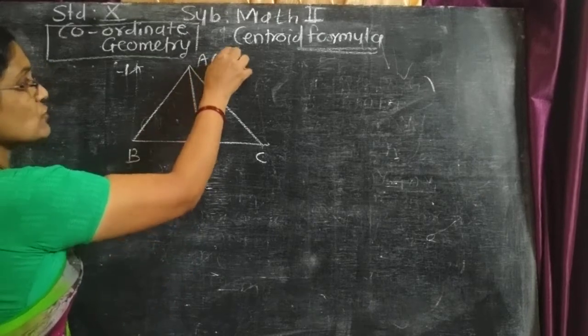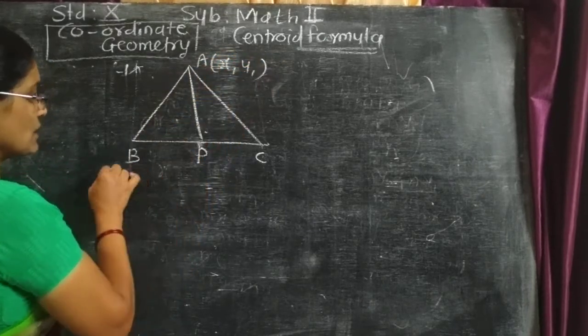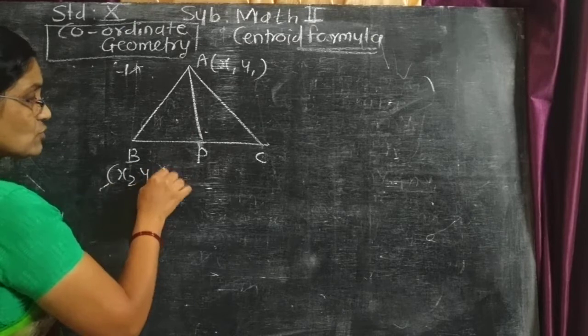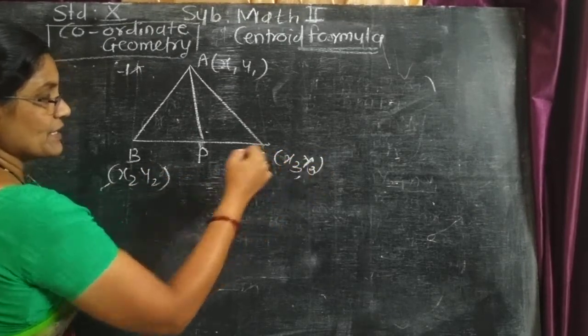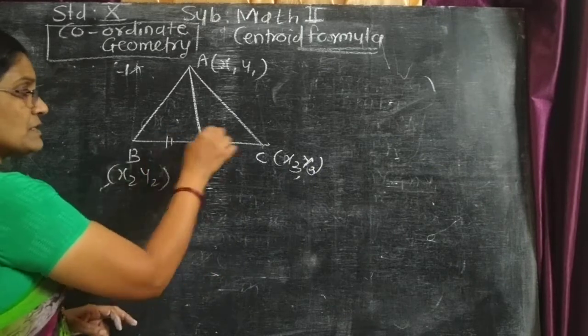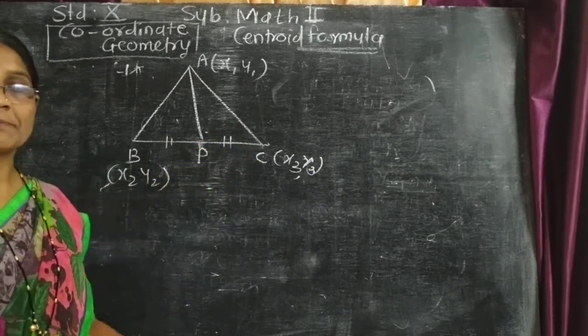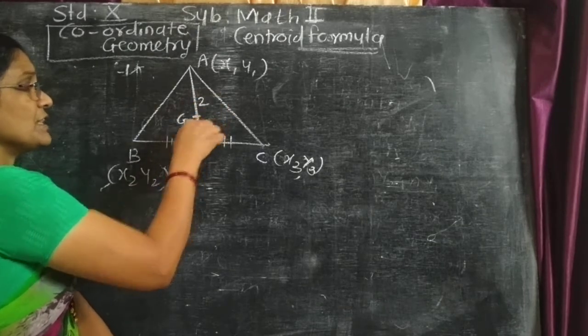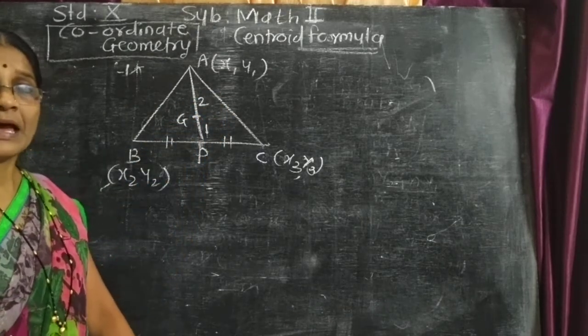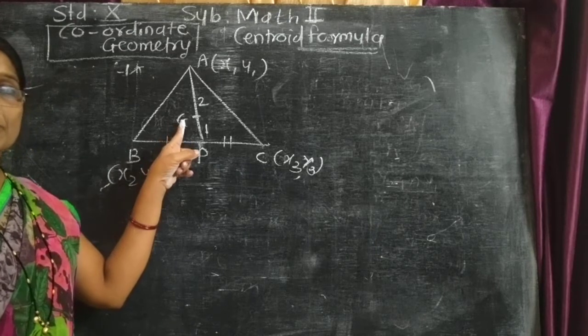The coordinates of A are x1, y1, of B are x2, y2, and of C are x3, y3. This P is the midpoint of segment BC, and this G divides AP in the ratio 2 to 1. We have to find the coordinates of G.